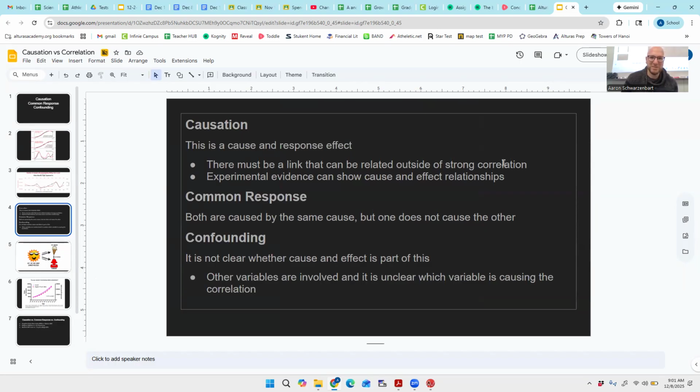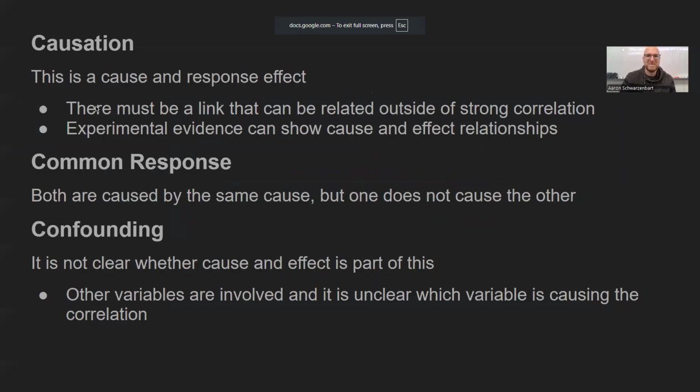Causation means there must be a link outside of just a correlation. Common response means they both have the same cause, but one does not cause the other. And confounding means it's not clear whether it's cause and effect or other variables are involved.